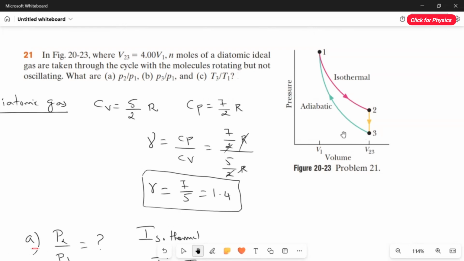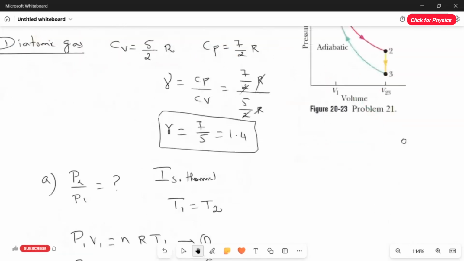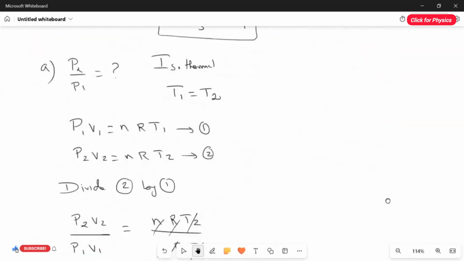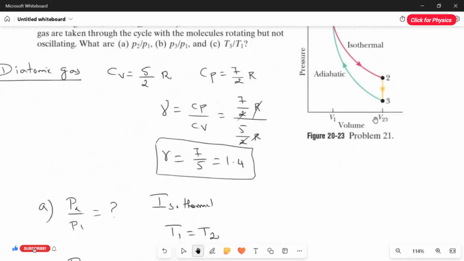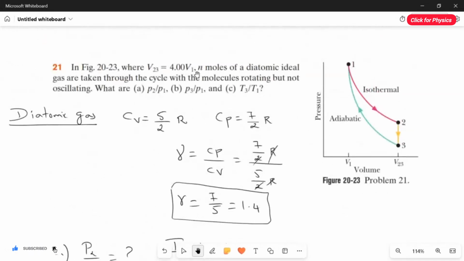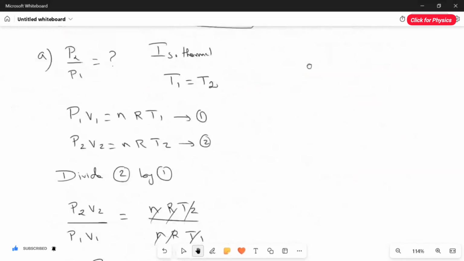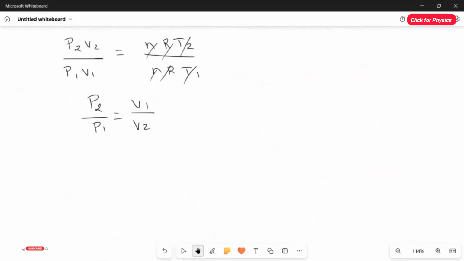So that means at point 1 we have only V1, right? And likewise at point 2, V2 takes the value of 4 times V1. So here we write V1 equal to 1 and V2 equal to 4 times V1.